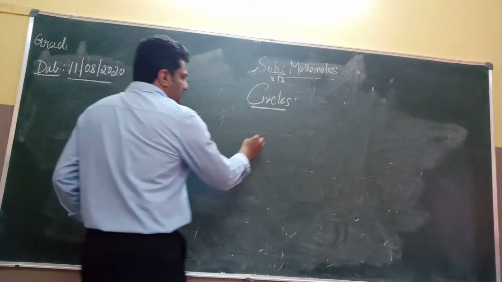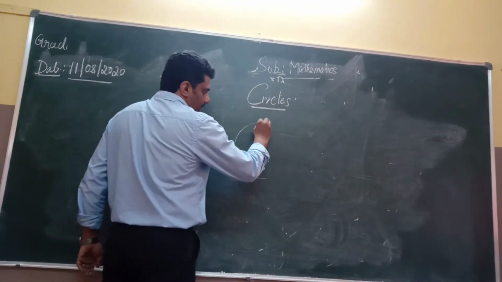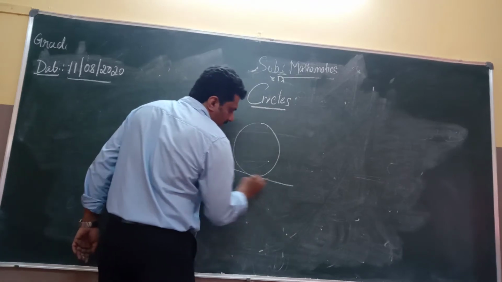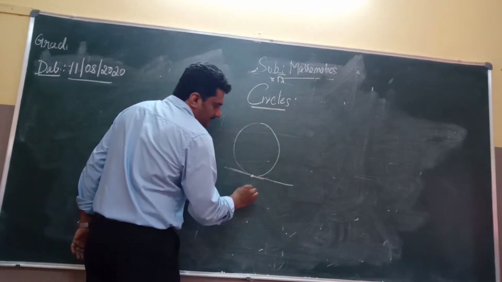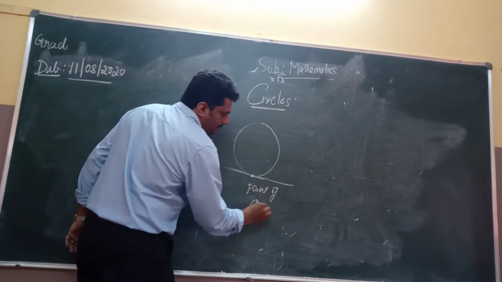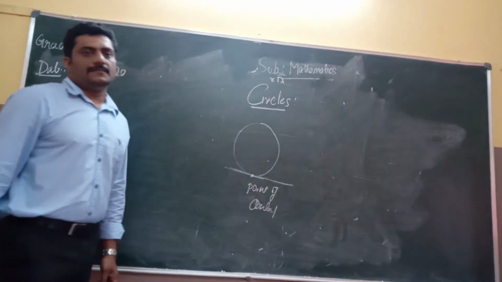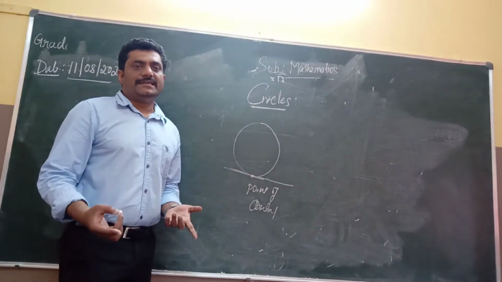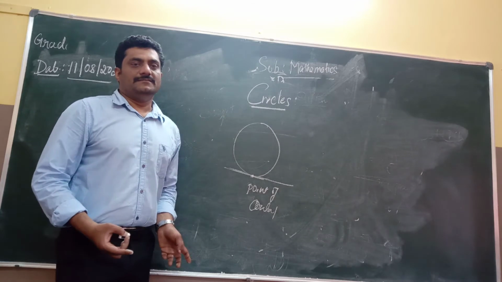Now when you have a circle and a tangent, this point is called the point of contact. To this particular point, how many lines can we draw? We can draw only one line.